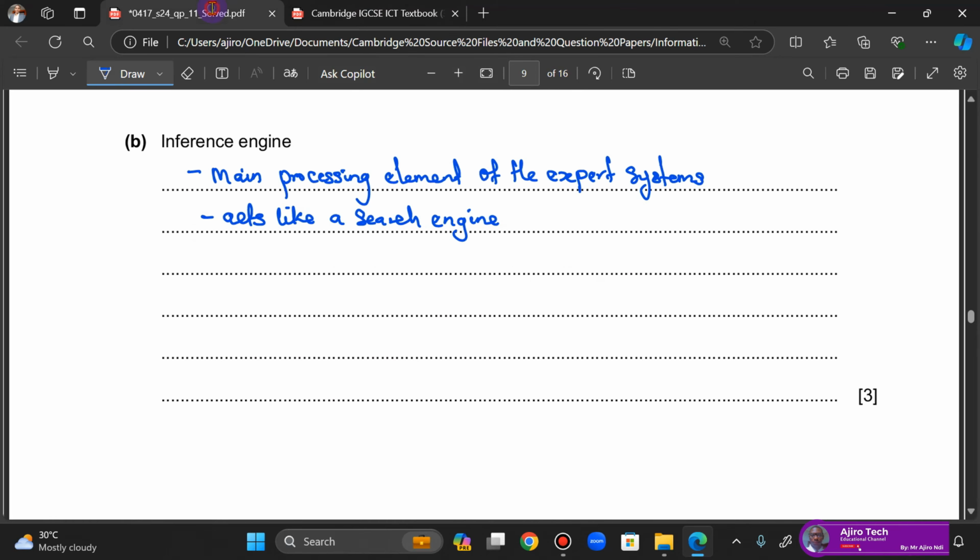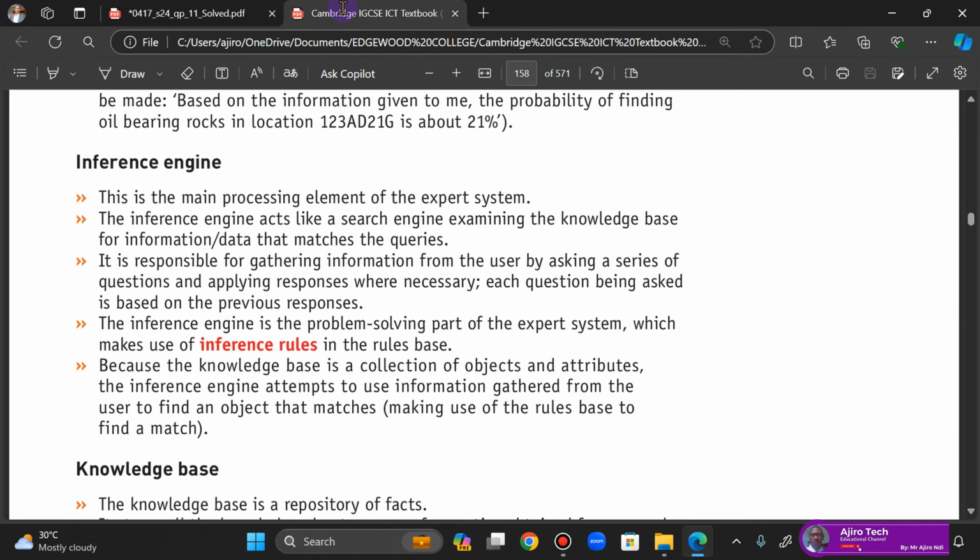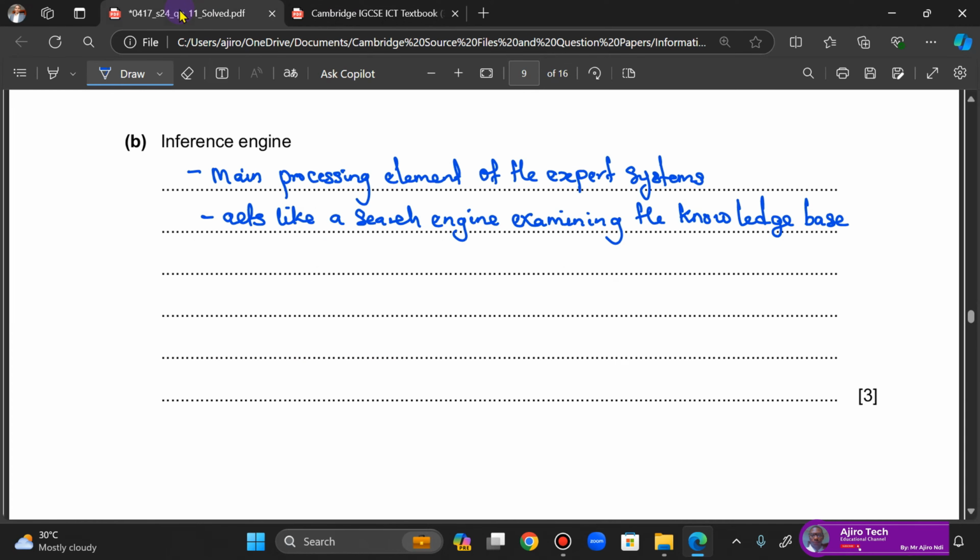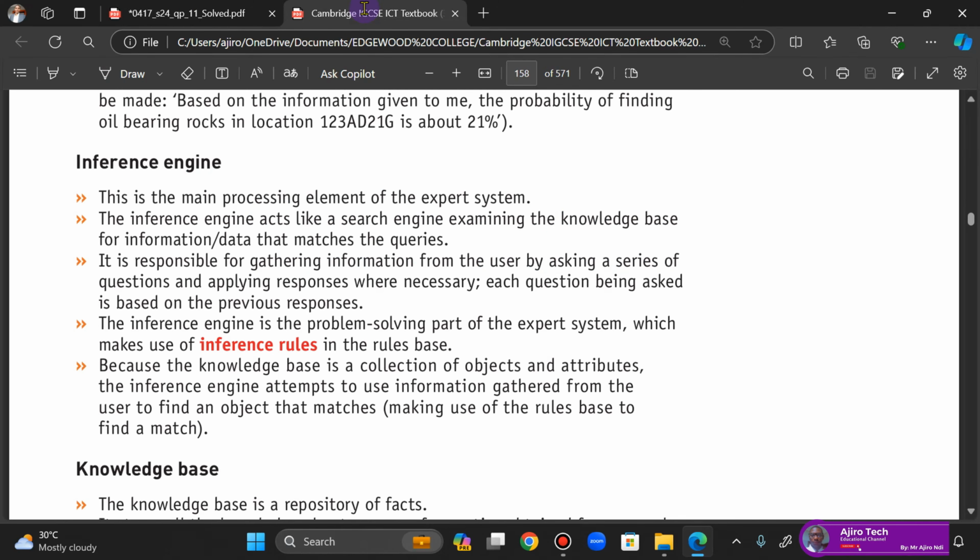Examining the knowledge base, okay, for information that matches the queries. What else?